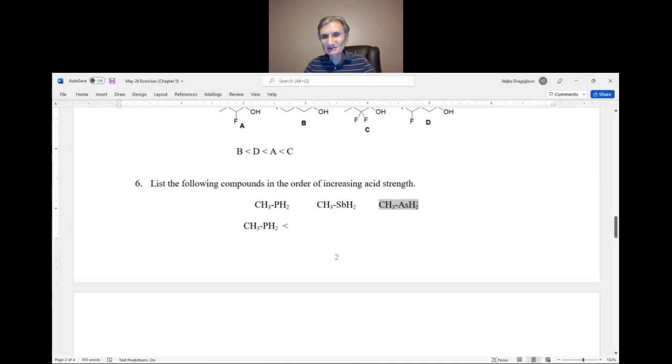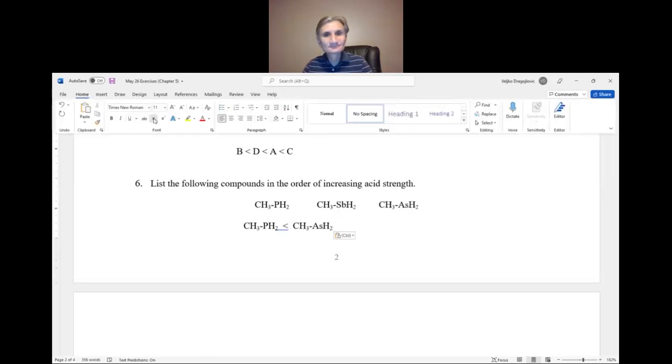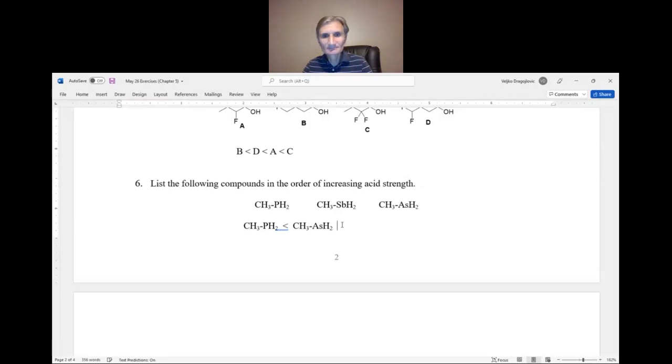Intermediate strength is this arsenic compound. And the strongest, hydride of antimony. So as I said, this is a simple effect of atom size.